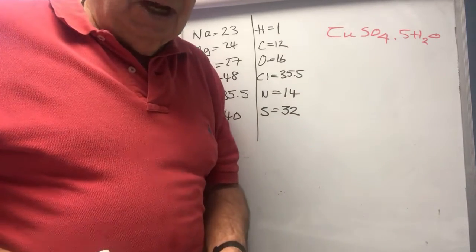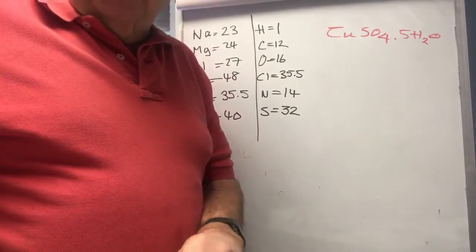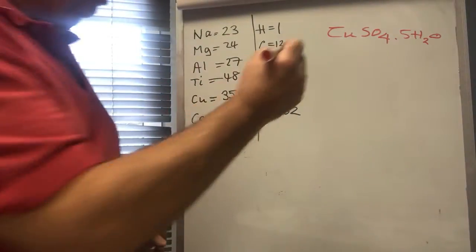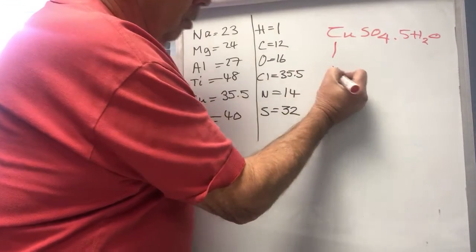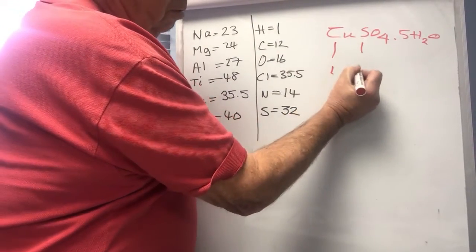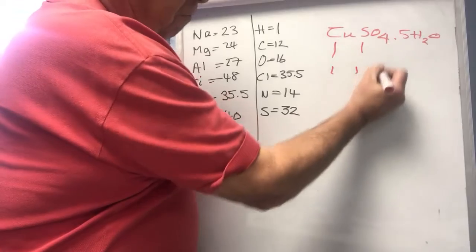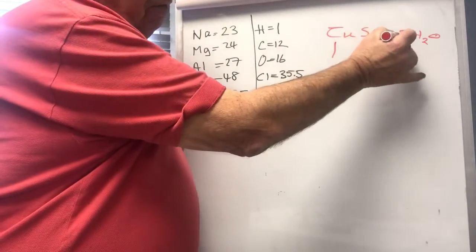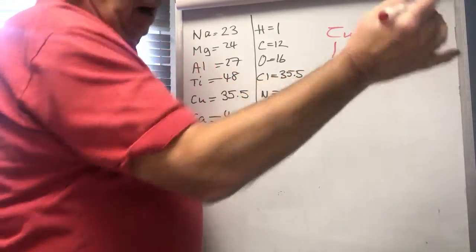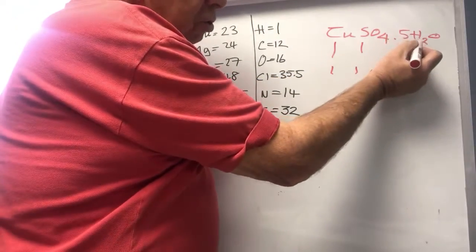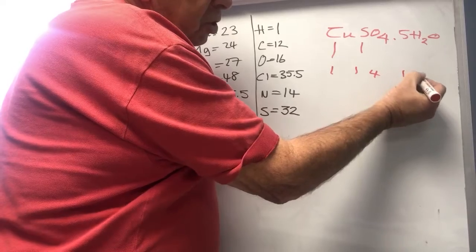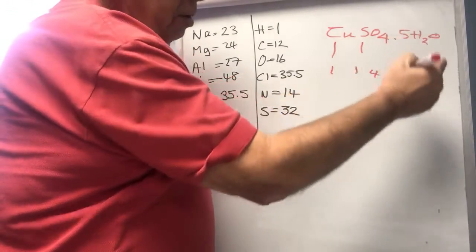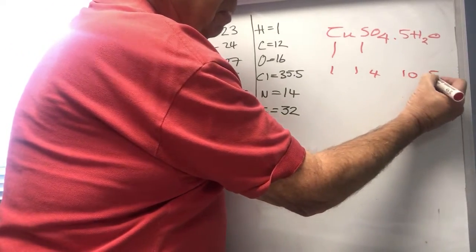Suppose I had to calculate the relative formula mass of copper sulfate. Let's do it exactly the same. 1 copper, 1 sulfur, 4 oxygens. Now I've got 5 H2O. How many hydrogens? 5 times 2 is 10. 5 times O, 5.